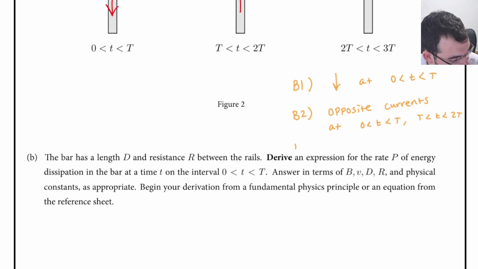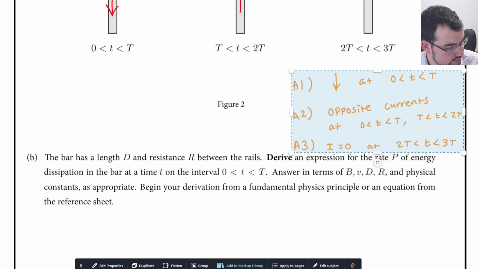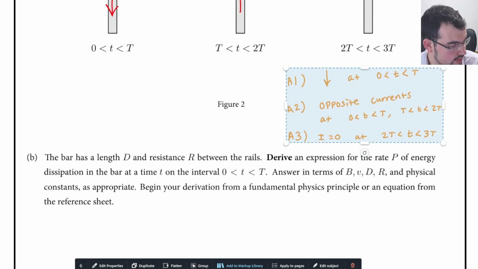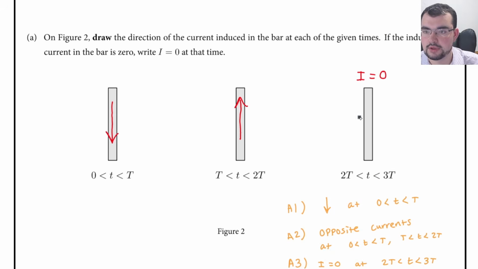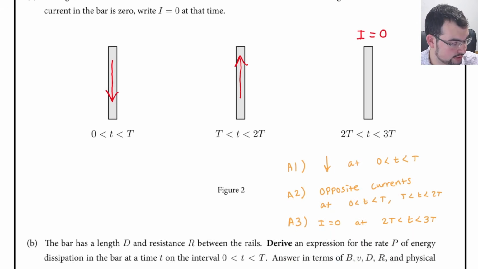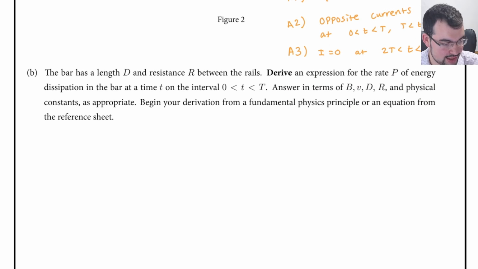And then A3 was just for saying I equals 0 at 2T to 3T, because I thought that was worth a point there. Your diagrams were 3 points.